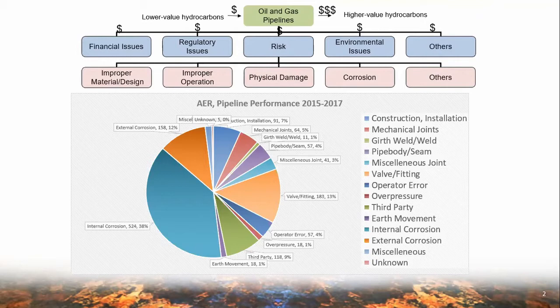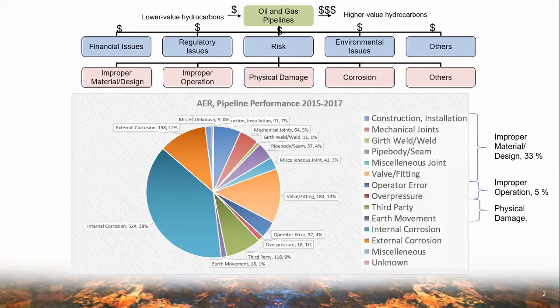If you reviewed the 2017 reports, you would find that of the 1,000 incidences that have happened, 33% were due to improper material or improper design. 5% were due to improper operation. 10% were due to physical damage. And corrosion caused almost 50% of the incidences.